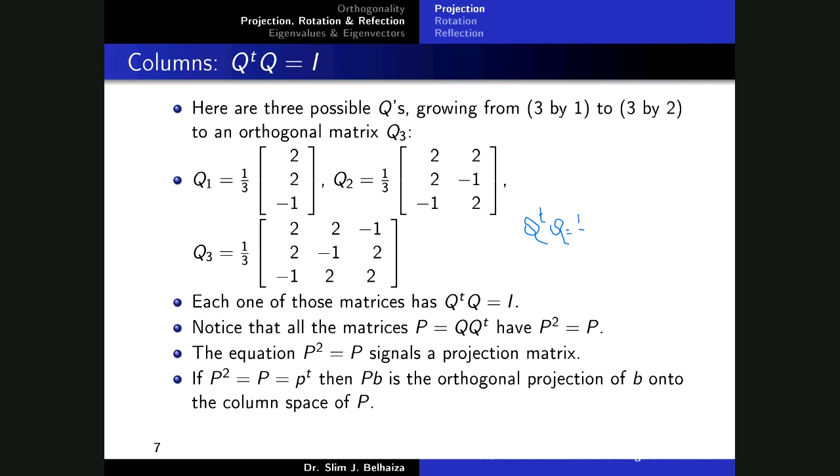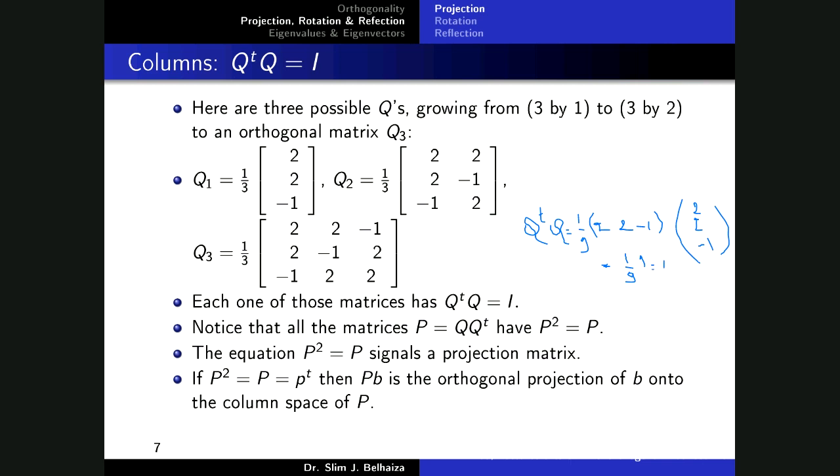I'm going to have 1/9, which I put outside, times (2, 2, -1) multiplied by (2, 2, -1), which gives 4 plus 4 plus 1. So basically, I'm having a single scalar, which is 1 here, the identity. So I'm going to have 1/9 multiplying 9, which is just 1.